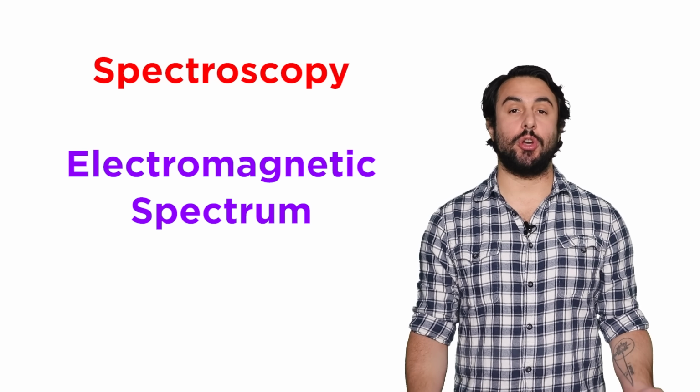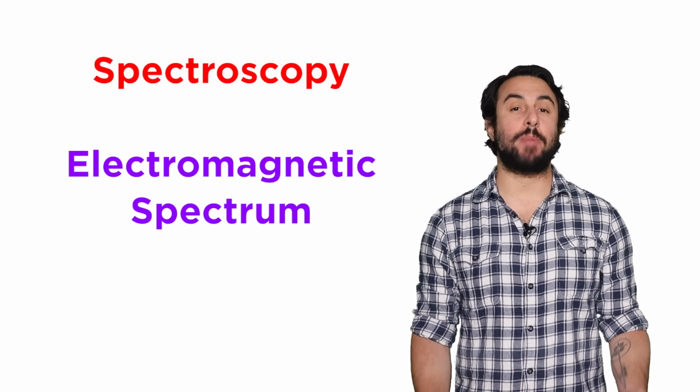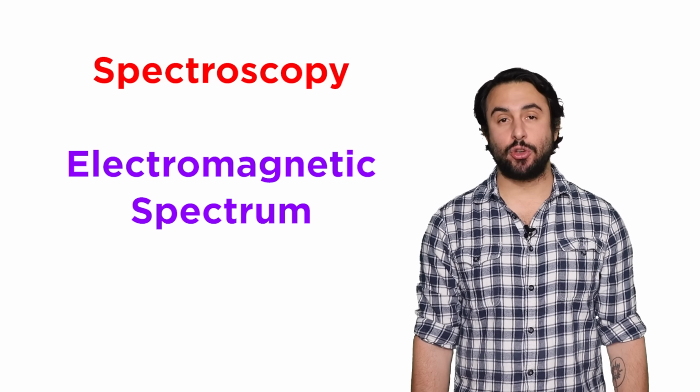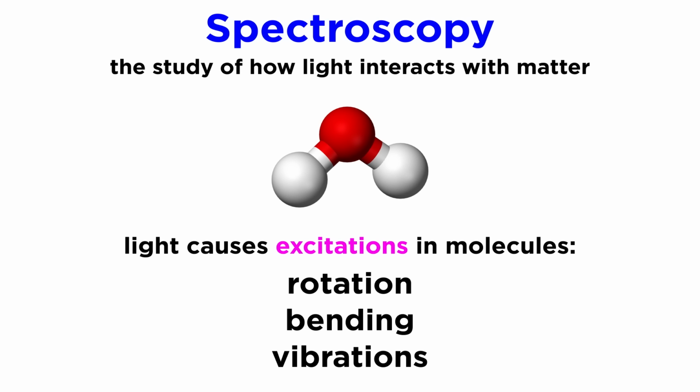With so much understood about solutions, let's now pivot a bit and talk about things like spectroscopy and the electromagnetic spectrum. We can get a lot of information about matter by seeing how it interacts with light. Light is able to cause excitations in matter of a few different varieties, causing molecules to rotate, bend, or vibrate.